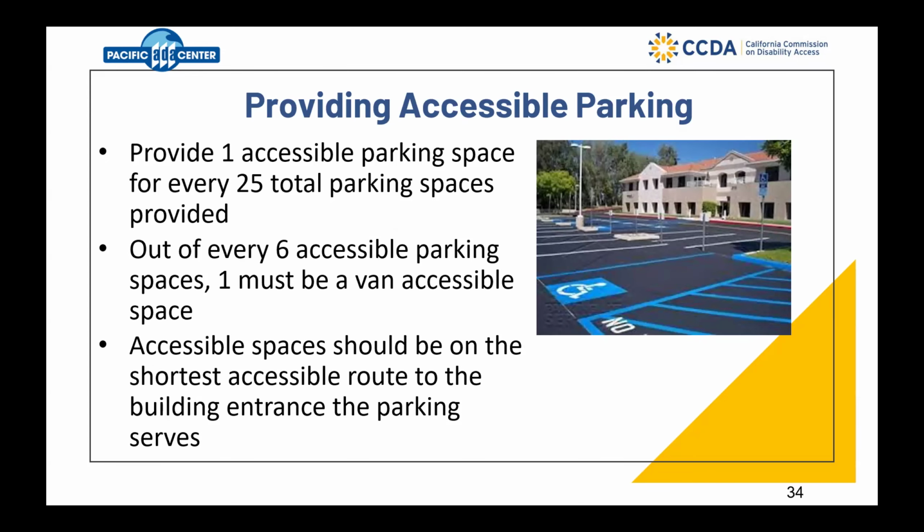And then of the number of accessible spaces that you're required to provide, 1 out of every 6 of those accessible spaces has to be a van accessible space. So if you only have to provide one accessible parking space because your lot is small, that has to be a van accessible parking space.